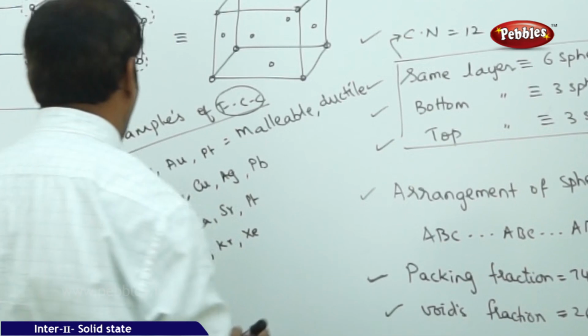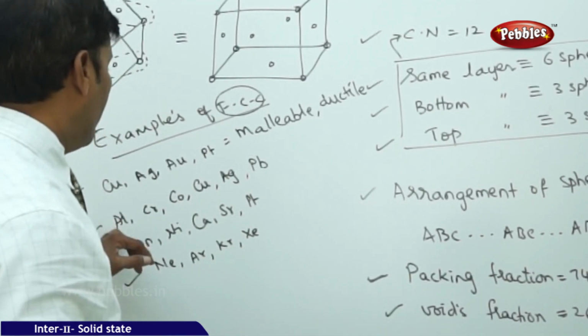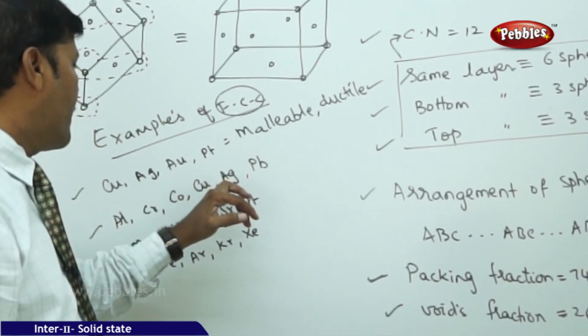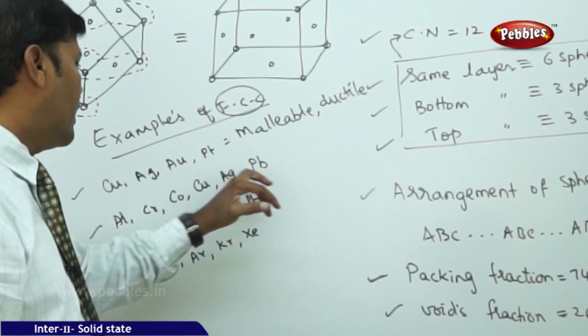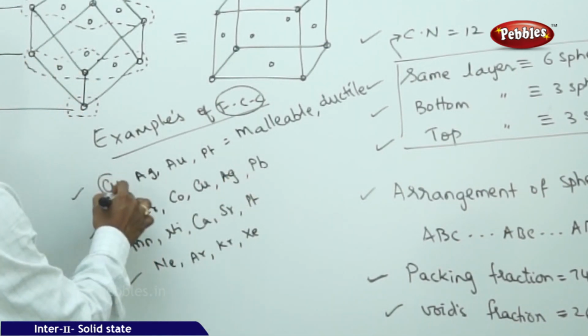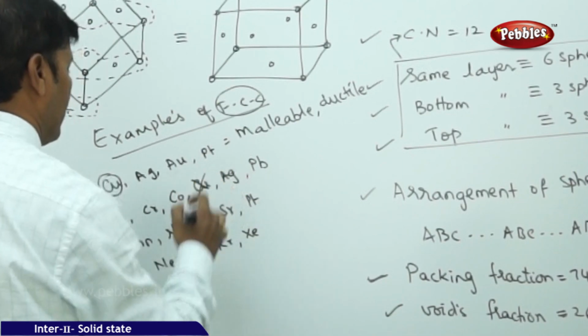You can also take aluminium, chromium, cobalt, copper, silver and lead. Of course, we have already taken copper, so no need of copper here.